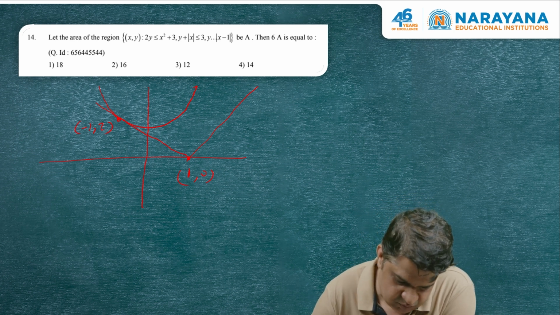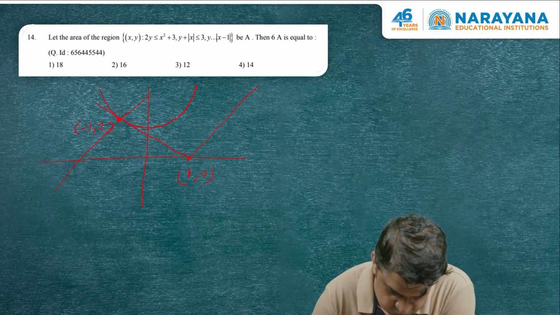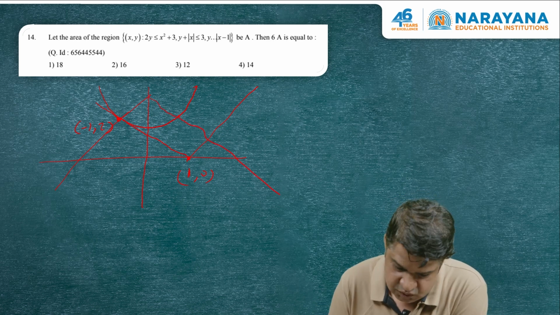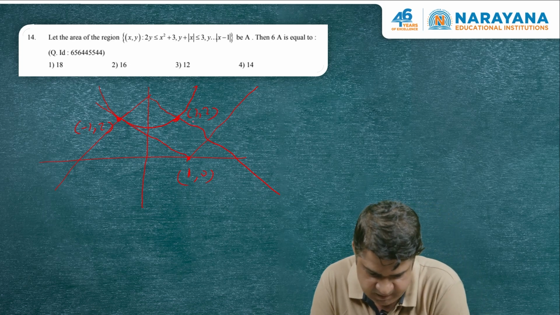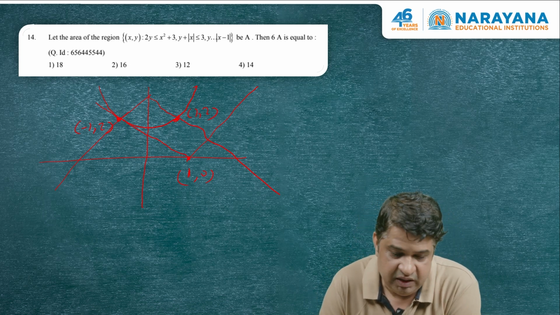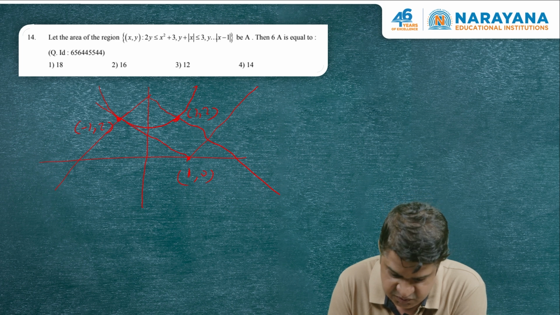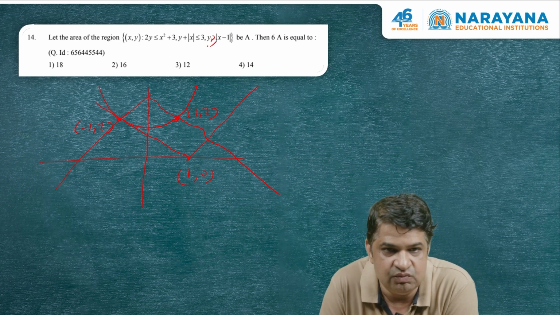That graph is something like this. It will cut here somewhere at 1 comma 2. Okay. So, I think the printing mistake was that it must be y greater than or equal to mod of x minus 1.